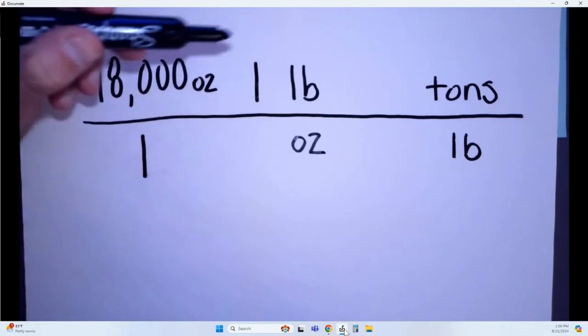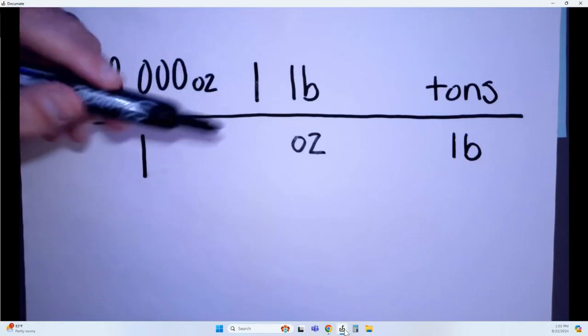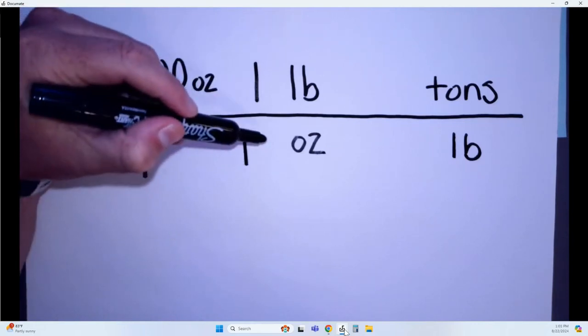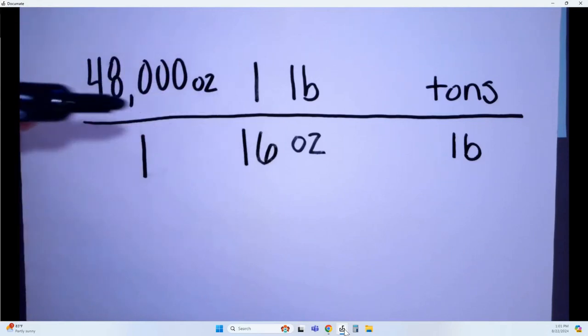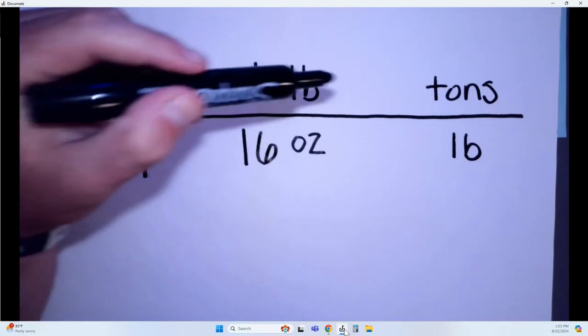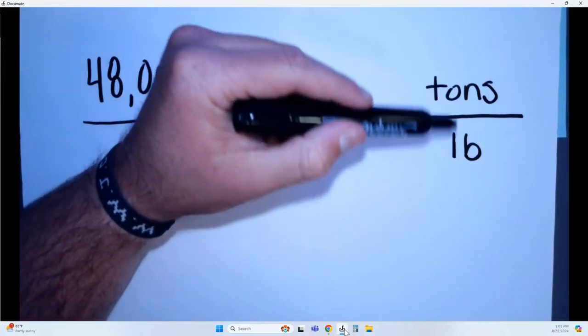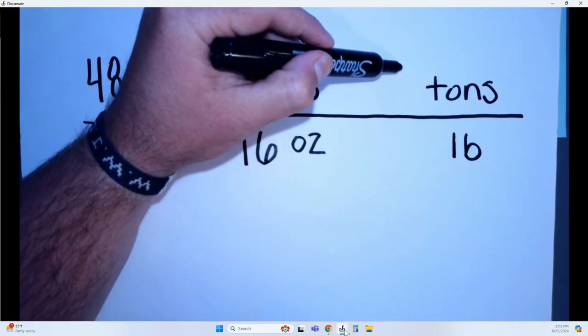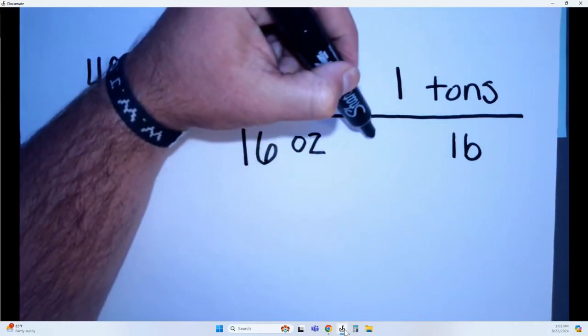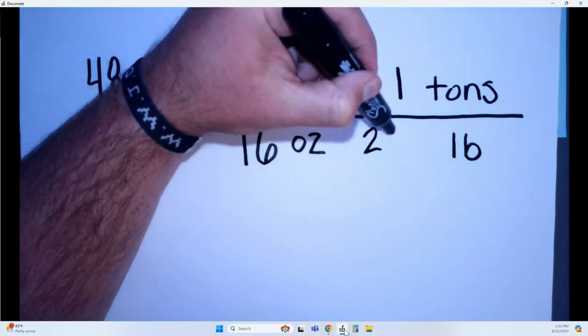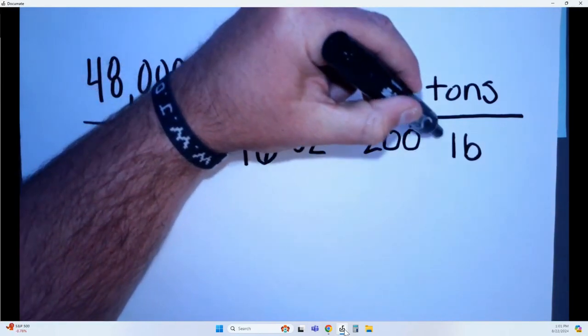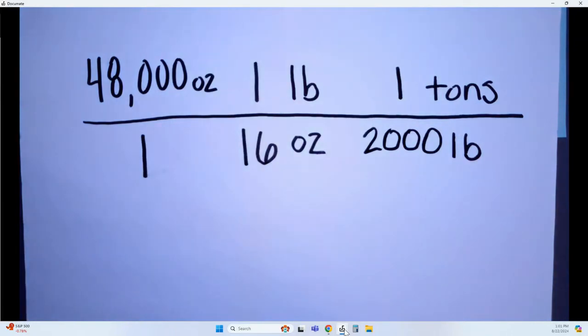We think, how many ounces are in 1 pound? Well, 16 ounces in a pound. We look at our pair of tons and pounds. Which one is the larger unit? It's tons. And we know that 2,000 pounds make up 1 ton.